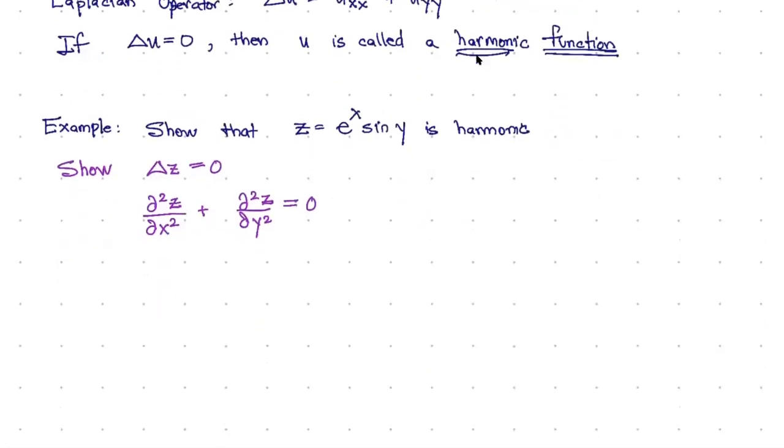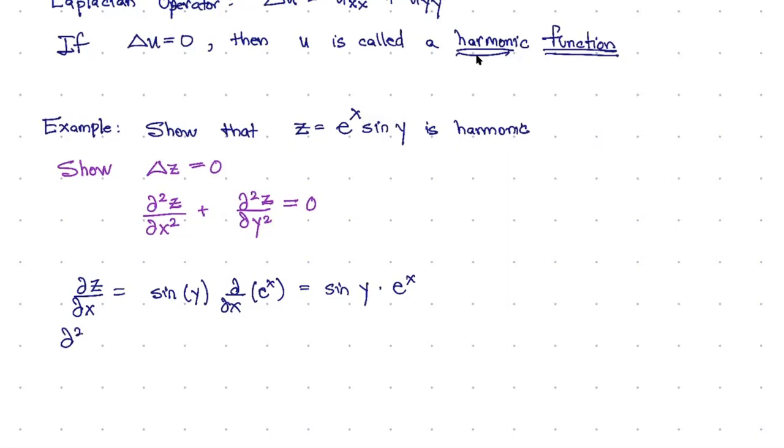So let's do this. If I were to take z and find the first partial derivative of z with respect to x, we're going to hold y constant, so that means sine of y is not going to be varying. We're going to treat that like a constant, but e to the x is varying, and so if I take the derivative of e to the x with respect to x, I would simply end up with sine y times e to the x.